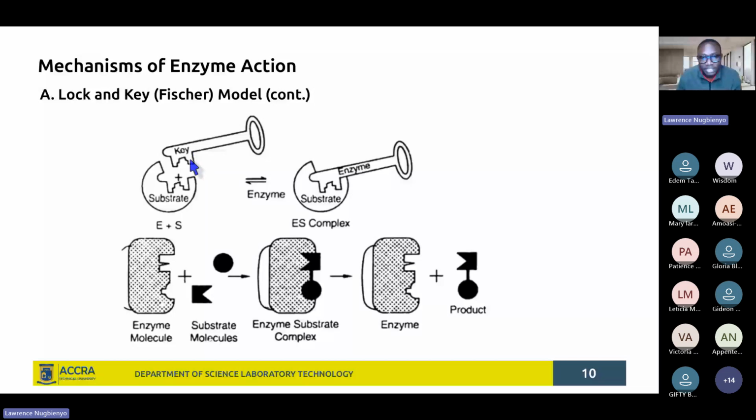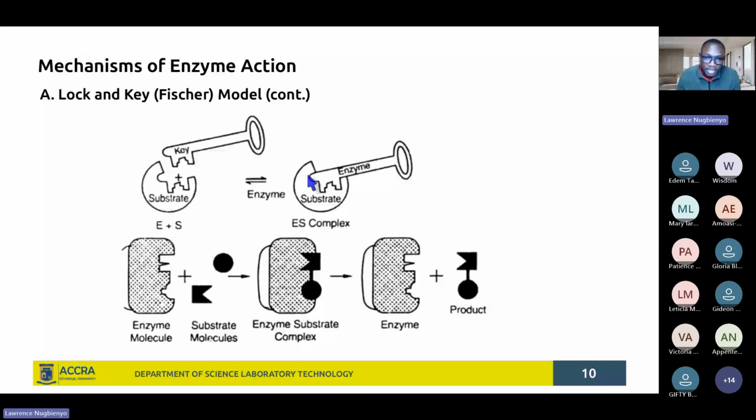Many may not mention the name Fisher, but this is the person who proposed that. So sometimes you can see it being referred to as a Fisher mechanism or the Fisher model of enzyme action. So we see the substrate and the key fit exactly tight together.